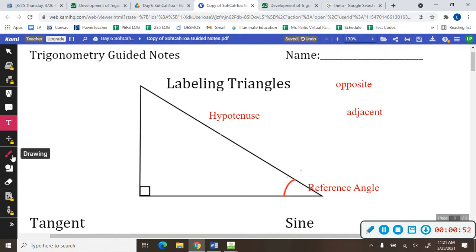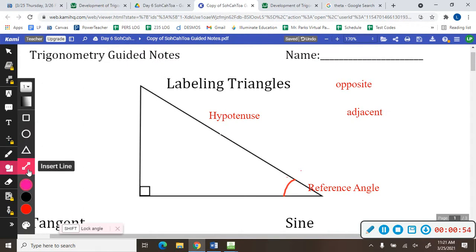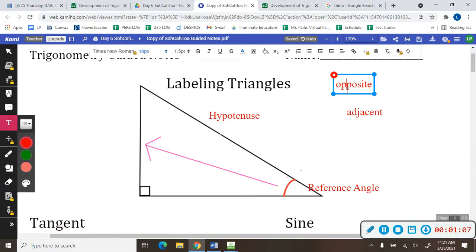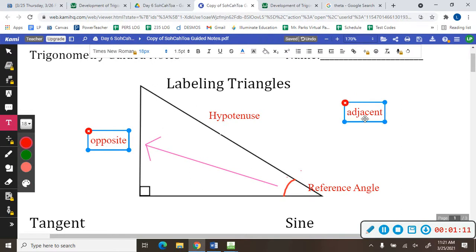Well, you take your reference angle, and the leg that's opposite your reference angle, that's why they call that opposite. And then adjacent, that means next to. So, yes, this hypotenuse is next to it, but we don't use adjacent or opposite. It's the leg that's adjacent to the reference angle, so that's adjacent.